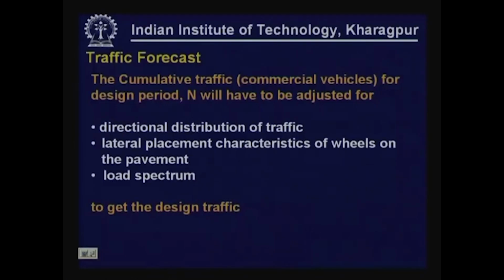The legally permissible limits are obtained from the values given by IRC, but most of the time many of these vehicles carry more loads, and overloading is always there. So we have to have an idea about the load spectrum of the loads that are carried by different vehicles. This is essential to get the design traffic which we use to design pavements.